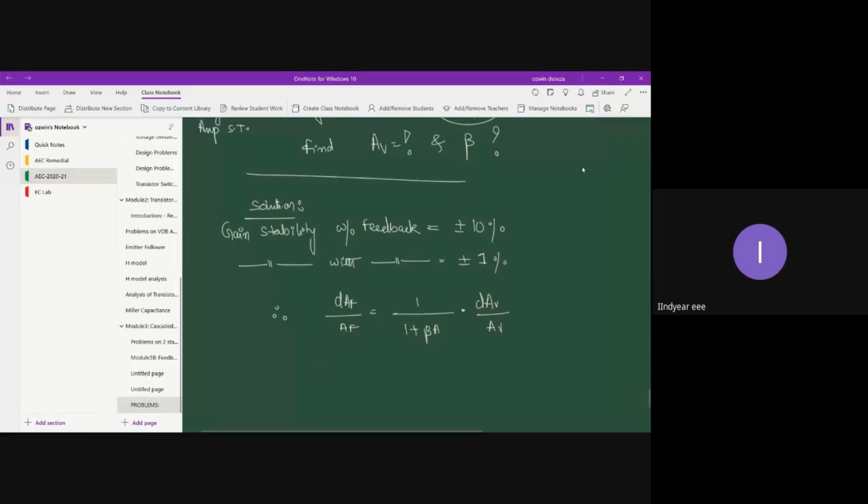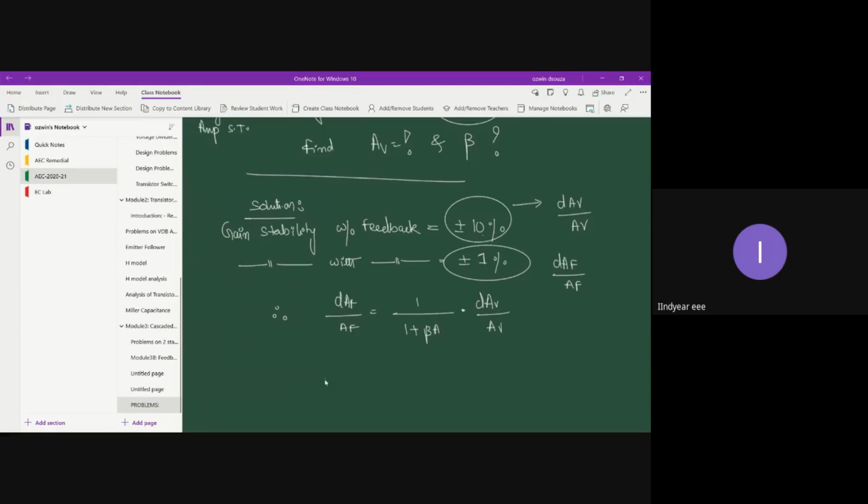Now they have already mentioned the percentage change. This 10% refers to without feedback, that means DAV by AV, and this 1% stands for DAF divided by AF. It is mentioned on a percentage basis, so directly you can take it down.